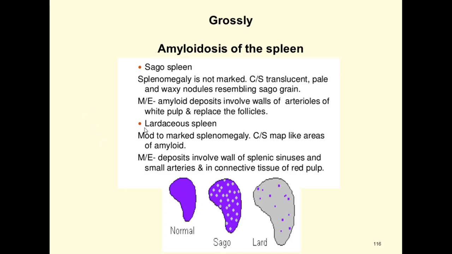Then the second and final stage will be lardaceous spleen. It means the whole spleen is more of a whitish yellowish color, with only several small focuses of normal spleen. So two stages: sago spleen and lardaceous spleen.